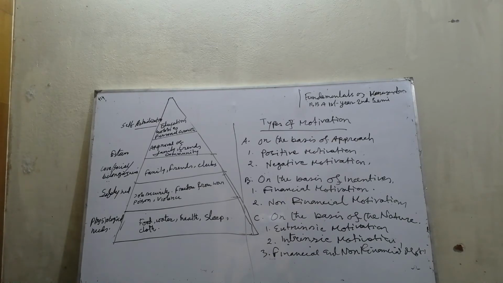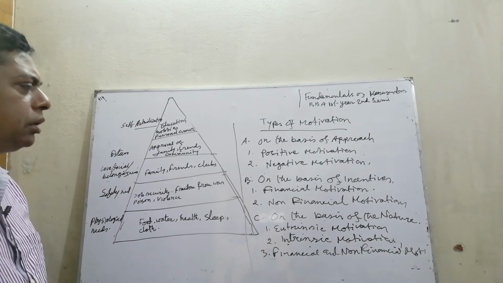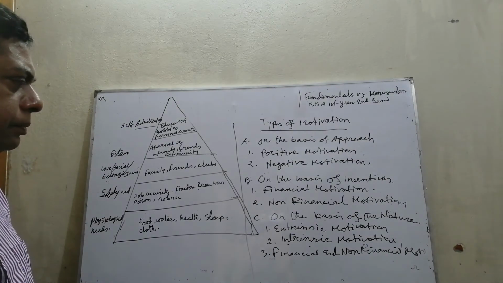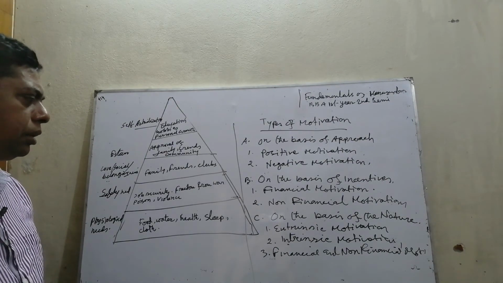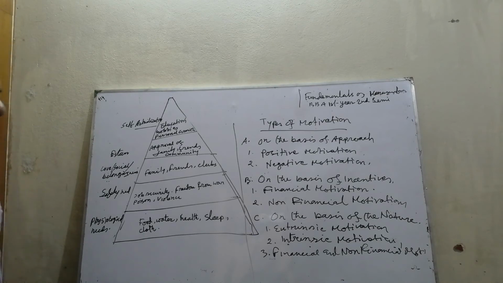And the next point, on the basis of the nature: extrinsic motivation and intrinsic motivation. Extrinsic motivation. Extrinsic motivation does not occur on the job but around the job. These factors include pay, allowances, bonus, and benefits.